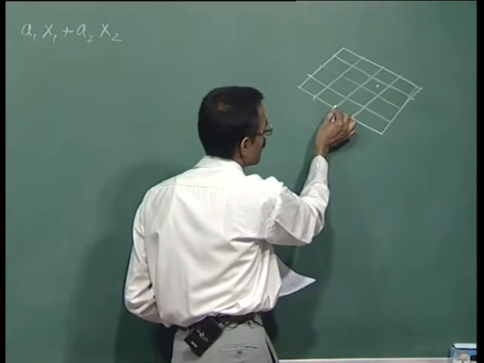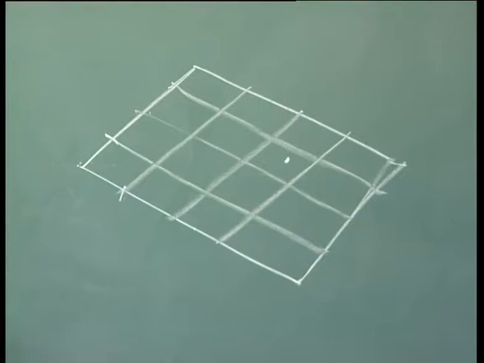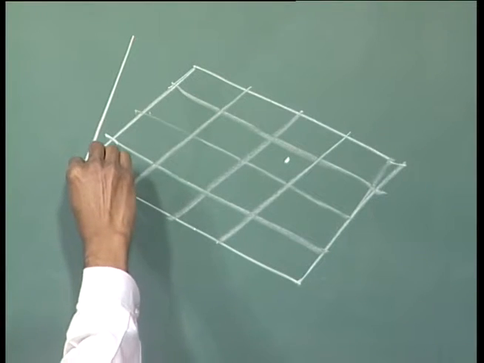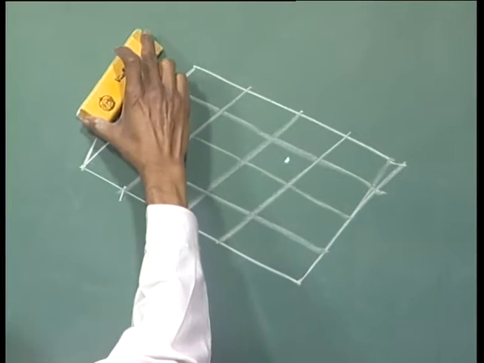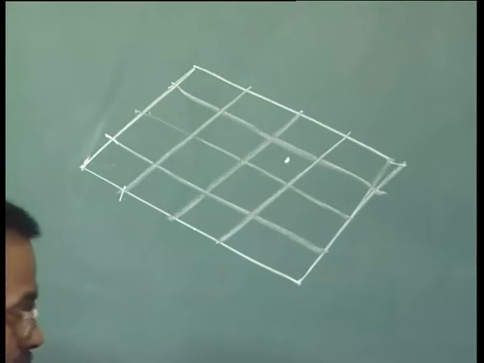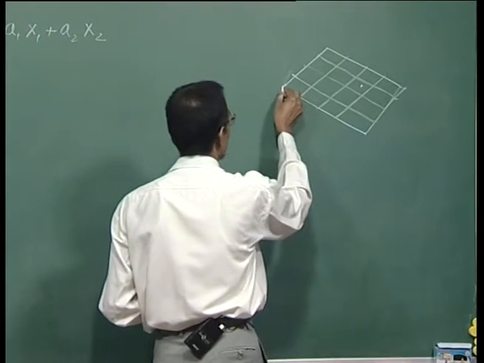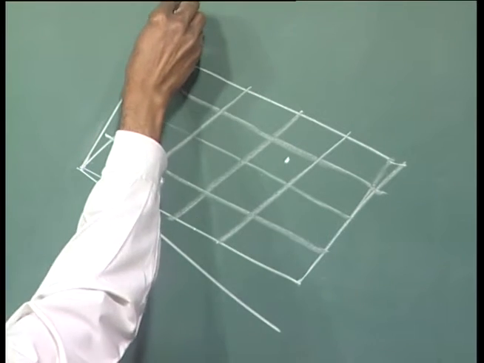How many steps in this direction and how many steps in this direction will take me here? So, suppose our original frame of reference, in terms of north, east or whatever, the rectangular Cartesian frame, happens to be this.